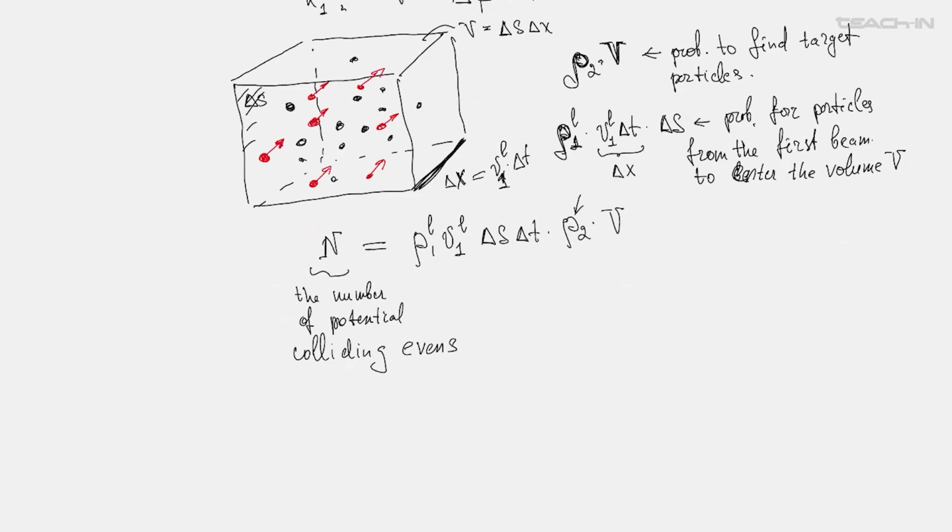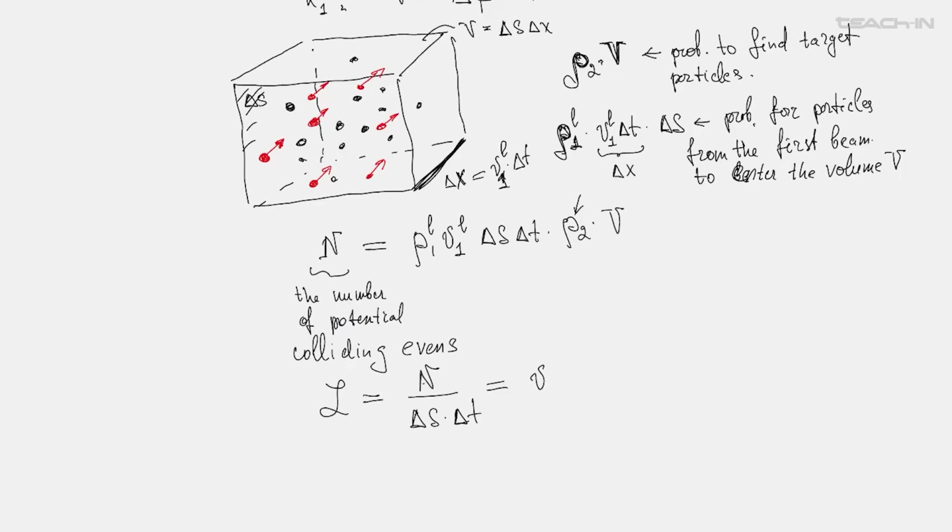All right. So luminosity, as we said, is the ratio of n, the number of potential colliding events, per unit cross area per unit time, which means that this quantity is then given by V1L, ρ1L, ρ2.